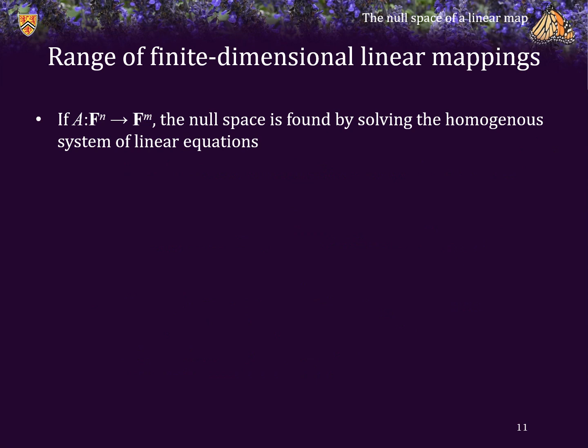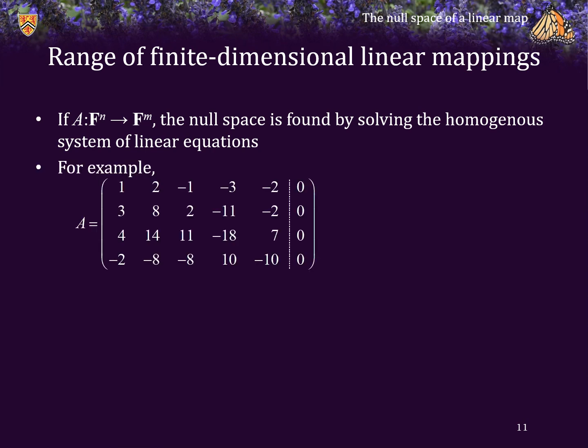Now, if a linear map A maps F to the n to F to the m, the null space is found by solving the homogeneous system of linear equations. So, for example, here is a matrix A. Now, it's the same matrix we saw in the last presentation.